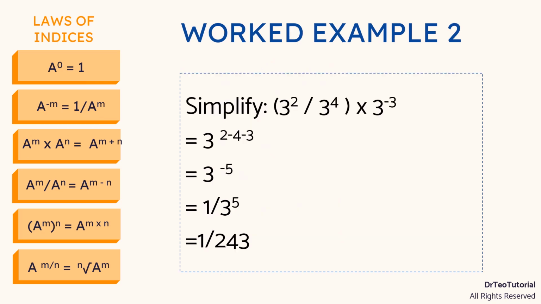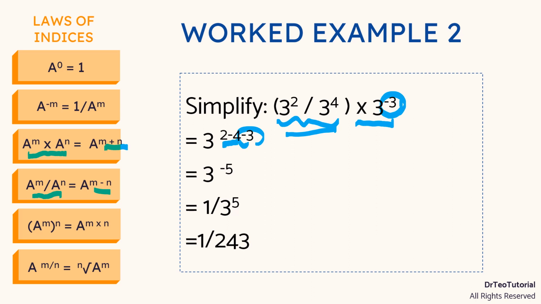Recall where you have two terms multiplied together, you add up their indices. Two terms divided, you subtract their indices. Over here we have a division of two terms, so that's why you subtract their indices. And this whole term is multiplied by another term here, that's why you add this value into the index.